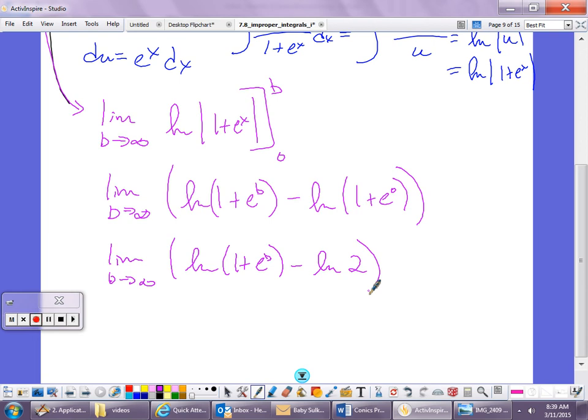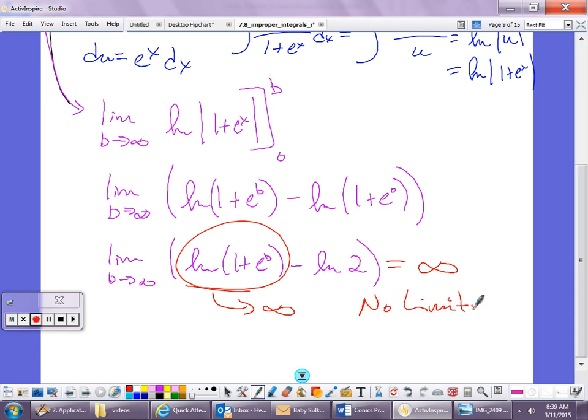So this part here is going to go to infinity. So this whole thing has no value. It all goes to infinity, so there is no limit, which means that this integral that we started with diverges.